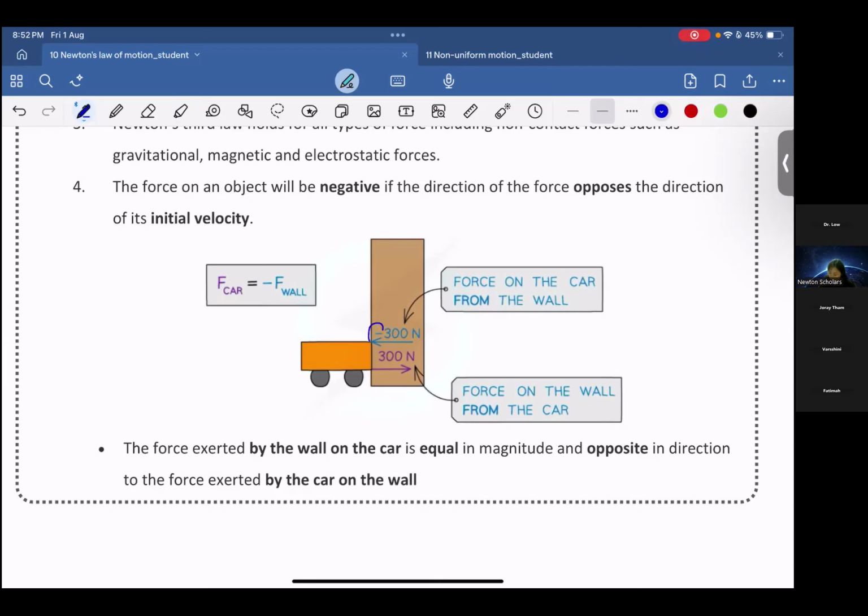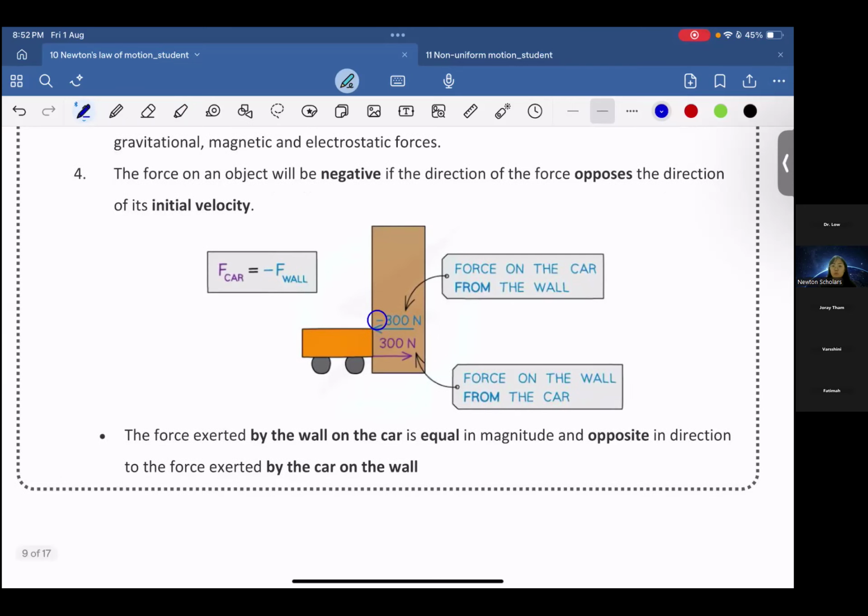So you look at this, it is negative. The magnitude is 300 Newton. The negative shows opposite direction. So we have two objects, object A and object B. This is Newton's third law.